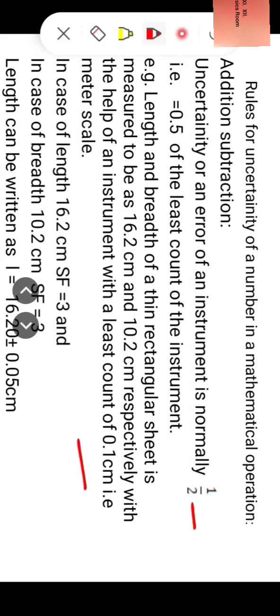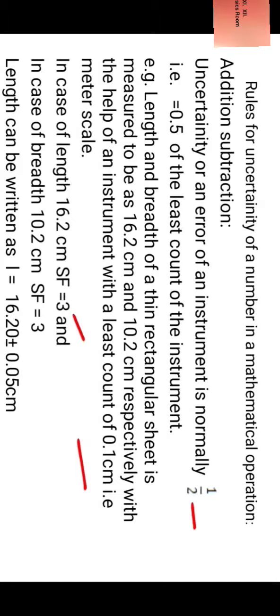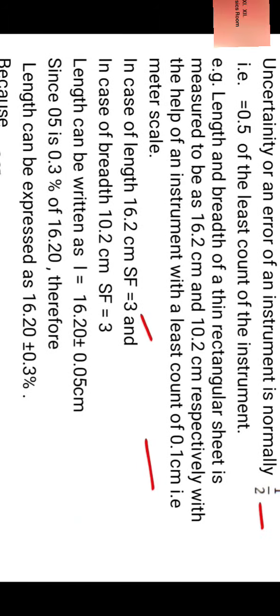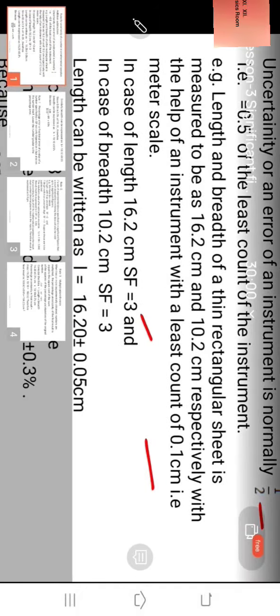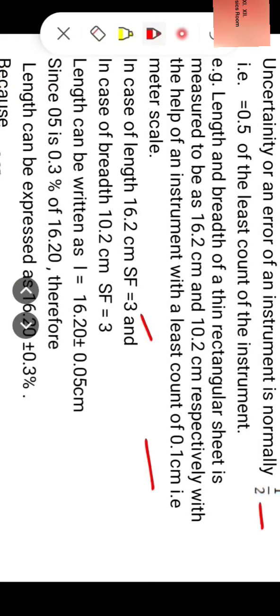Now in case of length 16.2 centimeter, significant figures are 3, and in case of breadth 10.2 centimeter, significant figures are also 3. Now length can be written as L equal to 16.20 plus minus 0.05 centimeter.